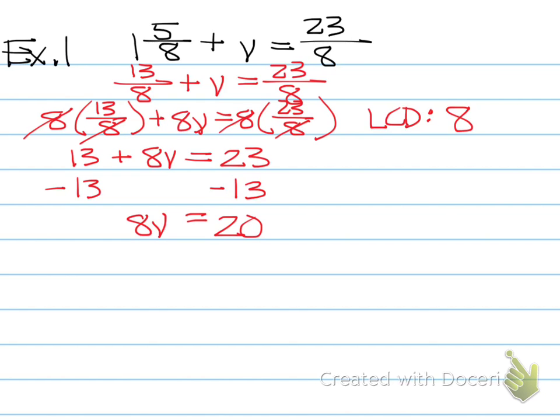And then 23 minus 13 is 20. No, it's not. 23 minus 13 is actually 10. So let's back that up. 23 minus 13 should be 10.